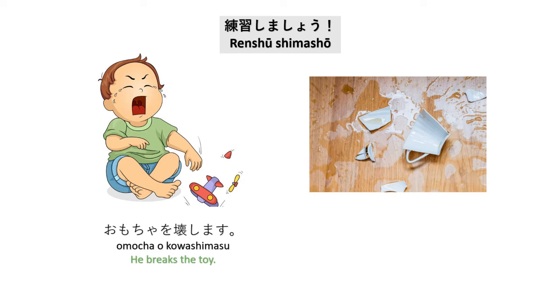He breaks the toy, or the baby breaks the toy. Present tense. And for the intransitive of break, we have kappu ga kowaremasu. The cup breaks. So kowaremasu comes from kowareru, the intransitive verb of to break.